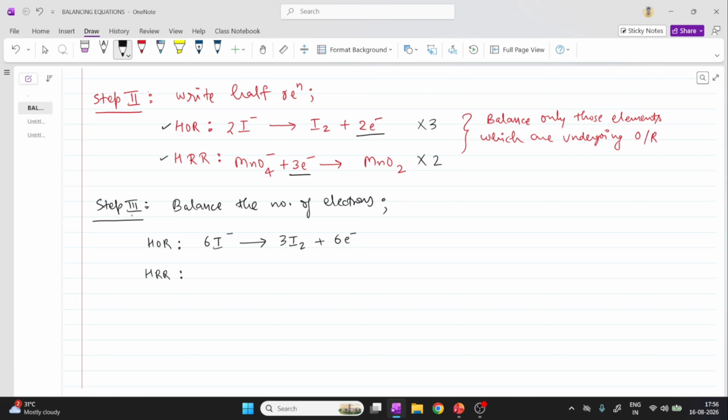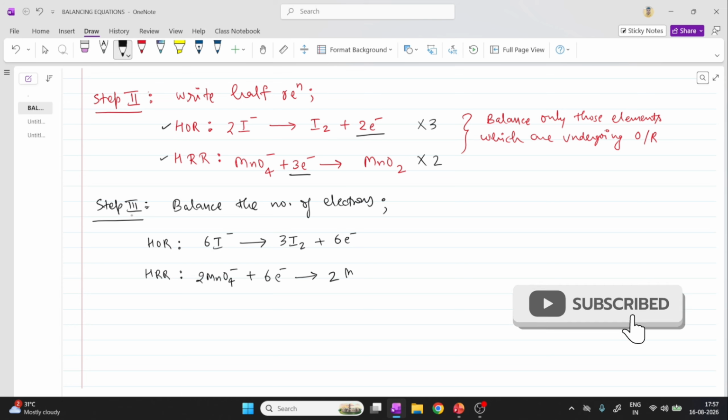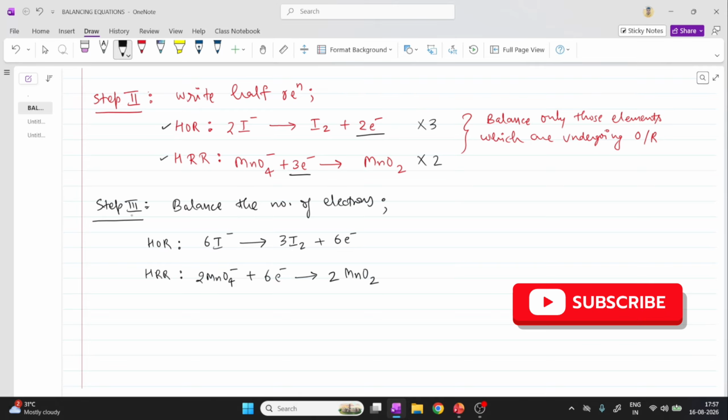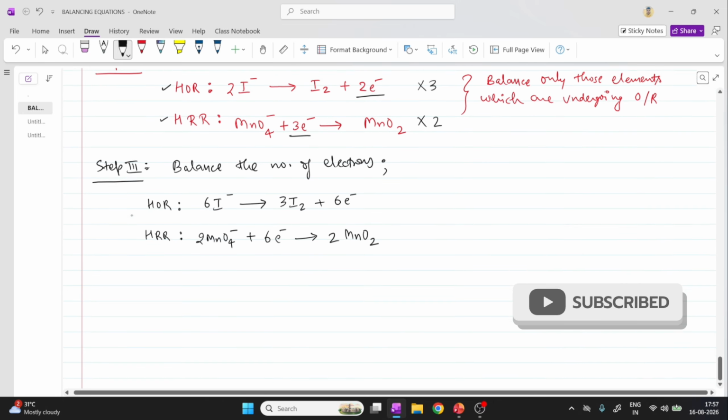So this will be 2MnO4 minus plus 2 threes are 6 electrons, then it will give 2MnO2. So this is the final equation that we have.